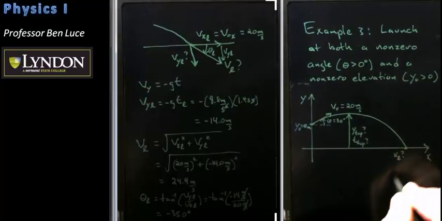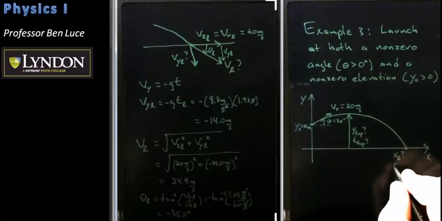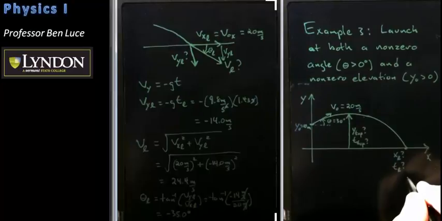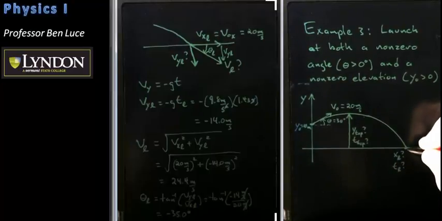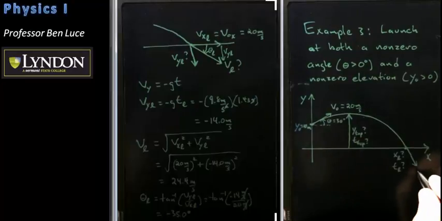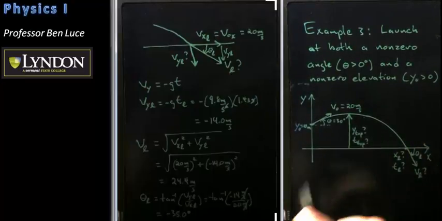That is, what is x land? And when did it arrive there, t land? And finally, as usual, we'll ask, what speed did it land with? And at what angle? So these are all the same questions we asked about the very first example.